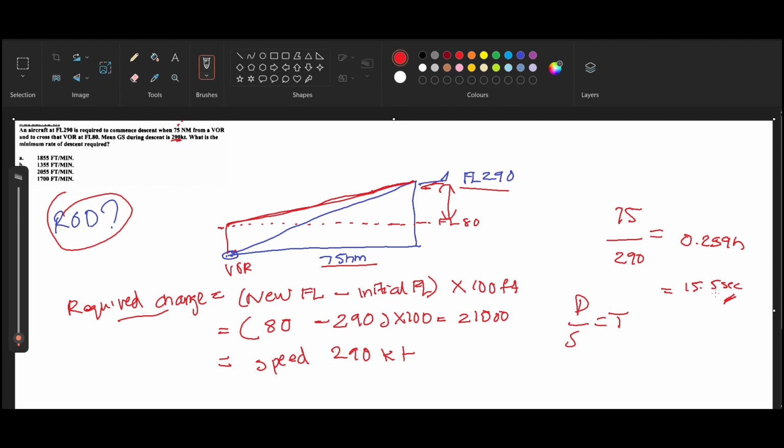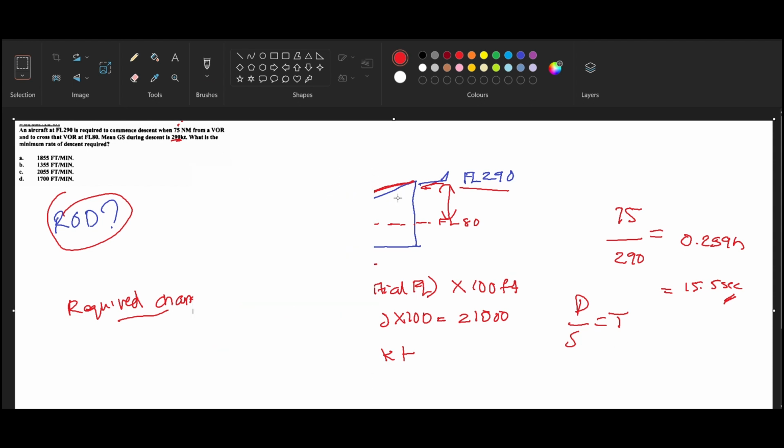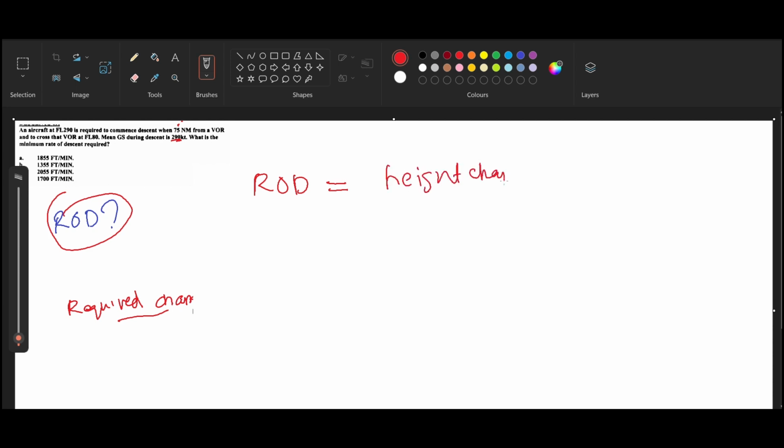Now we have the time. So we'll use the rate of descent equation. Rate of descent is equal to height change by time taken.